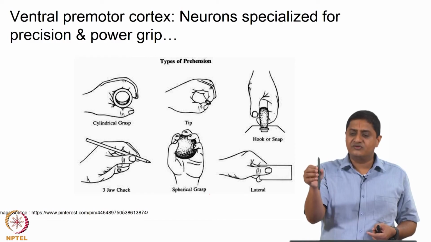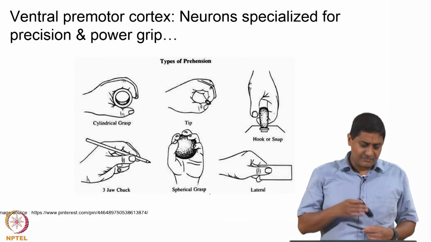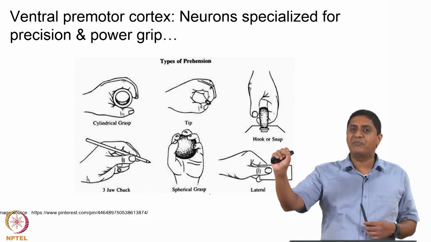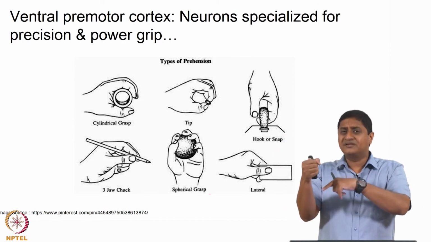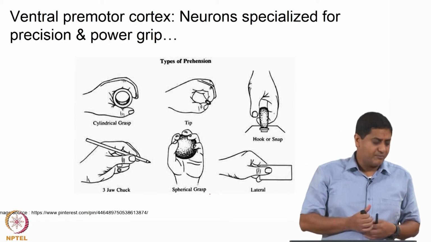When I use multiple fingers like this, it is also called prismatic precision grip. Suppose I am grasping this object like this, I am surrounding my palm over this object in a cylindrical shape. This is also called cylindrical grip or power grip.